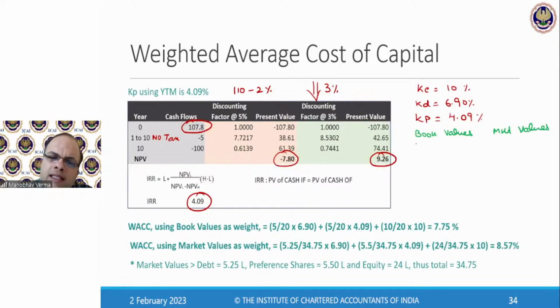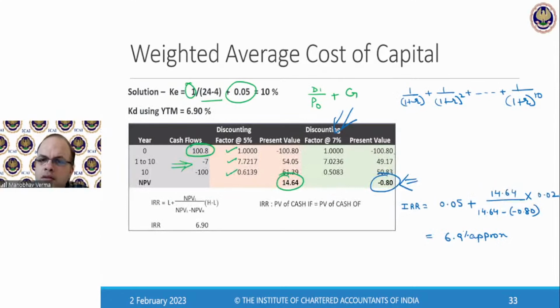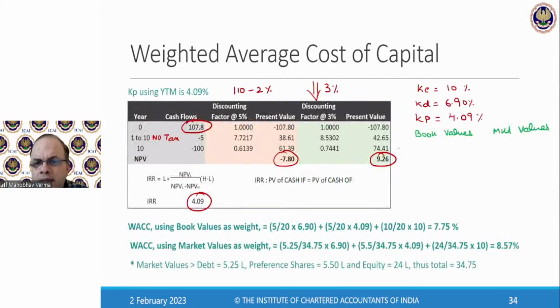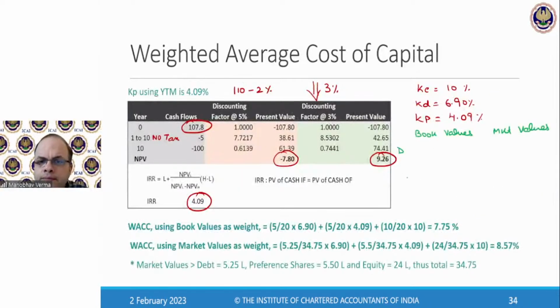What is my book values, guys? Given to us 5 lakhs, 5 lakhs, and 10 lakhs. So let's say this is my debentures. Then we have preference shares and equity.